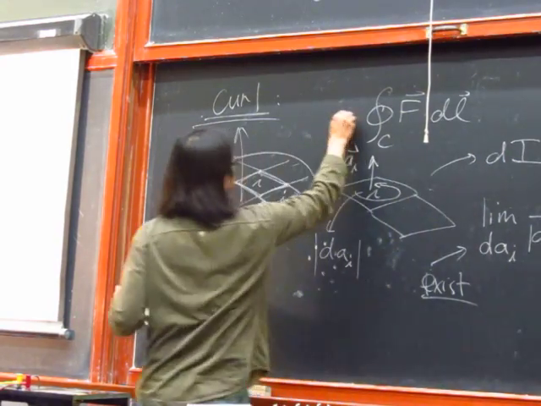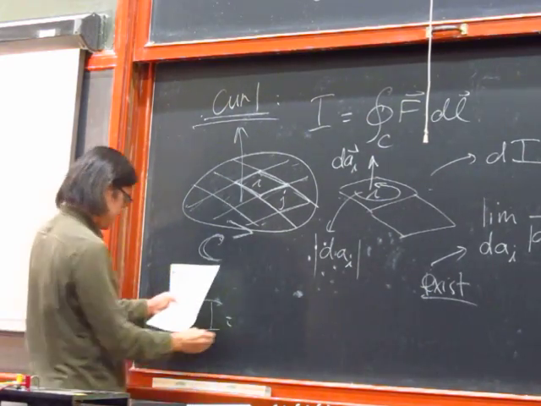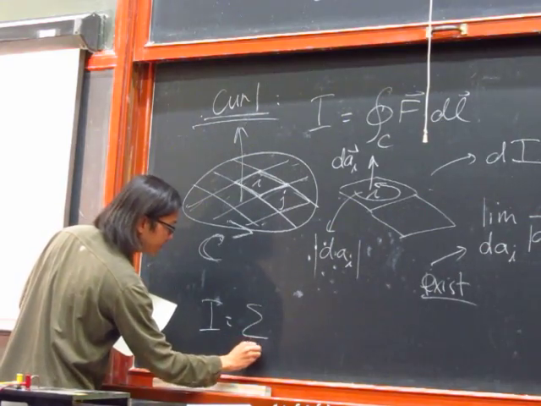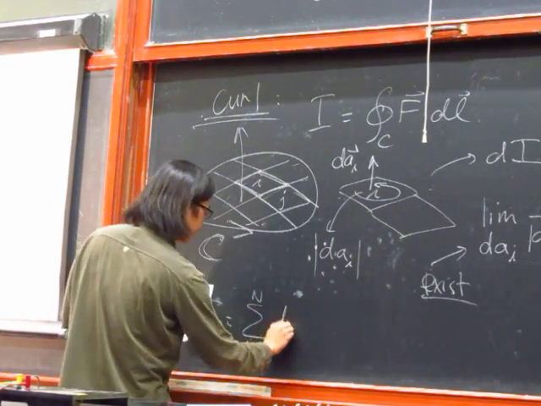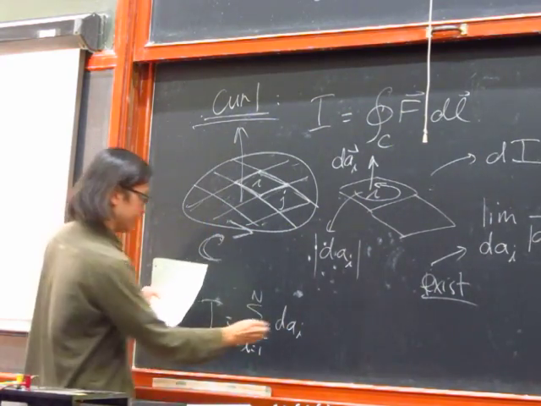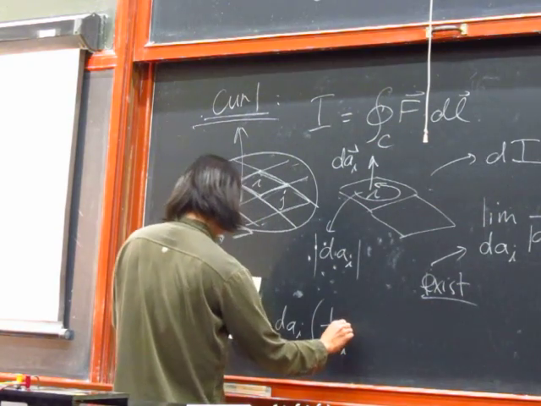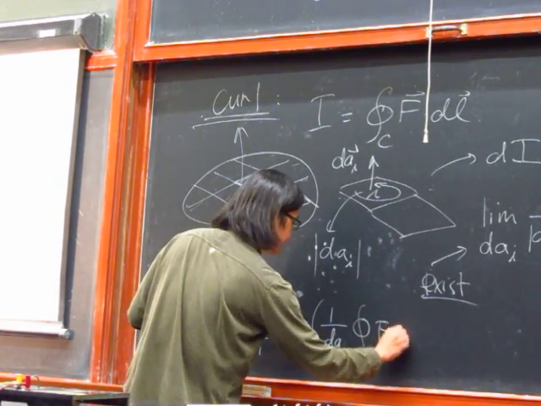Then I can recalculate this integral as a sum over all the small partitions, i from 1 to n, of dAi times 1 over dAi times the integral over Ci of F.